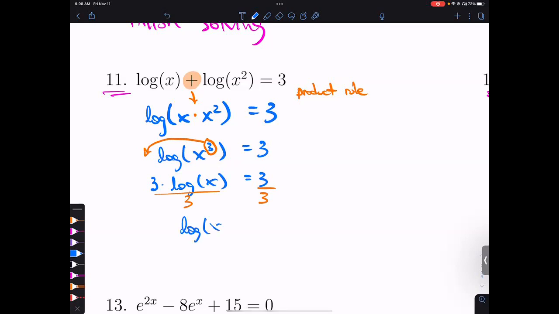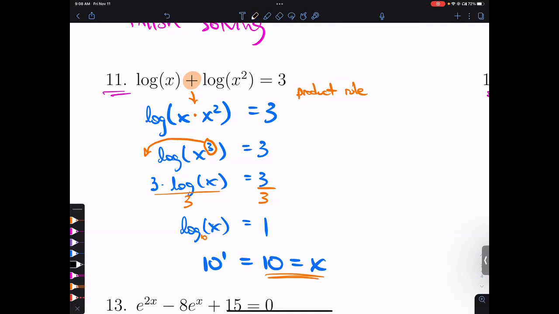And we've got that the log of x is equal to 1. What this does that is nice, apart from just being convenient, is that now when I rewrite, I'm essentially solving it. I'm basically going to be done. This is a log base 10, right? Log, even though no base is written, means the base is 10. So when I rewrite this, this says 10 to the first, or in other words, 10 is equal to x, and we're done.